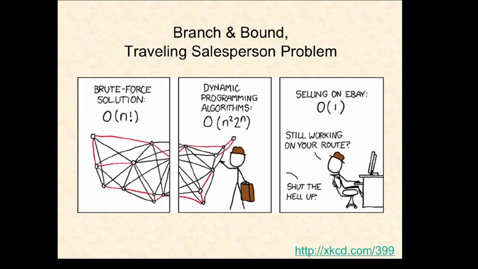Now, if we were doing things in a different order and we had another couple weeks just for this topic, we could look at how the dynamic programming algorithms solve traveling salesperson. Dynamic programming solutions solve this in O of n squared times 2 to the nth. And normally we'd say, 2 to the nth is an improvement over n factorial.